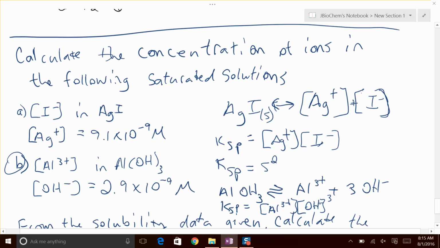We'd want our KSP here. KSP equals 8 times 10 to the negative 30. So for B, the KSP is equal to 1.38 times 10 to the negative 33.